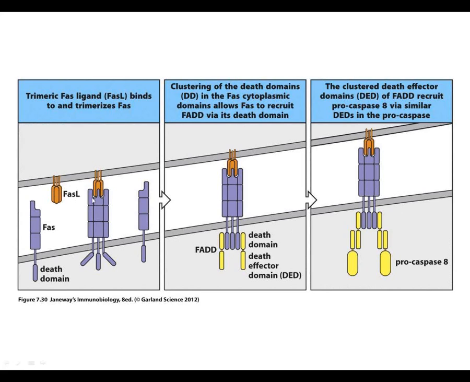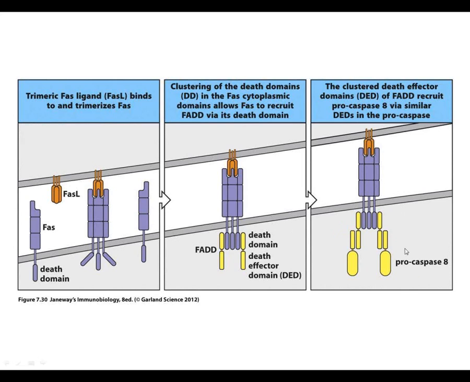FAS ligand will actually trimerize FAS, so there's 3 of them. And it clusters a domain, not an ITIM, not ITAM. It's called a death domain. And this starts a caspase cascade. And I think this is one of the important things to remember about apoptosis. It goes through caspase signaling.